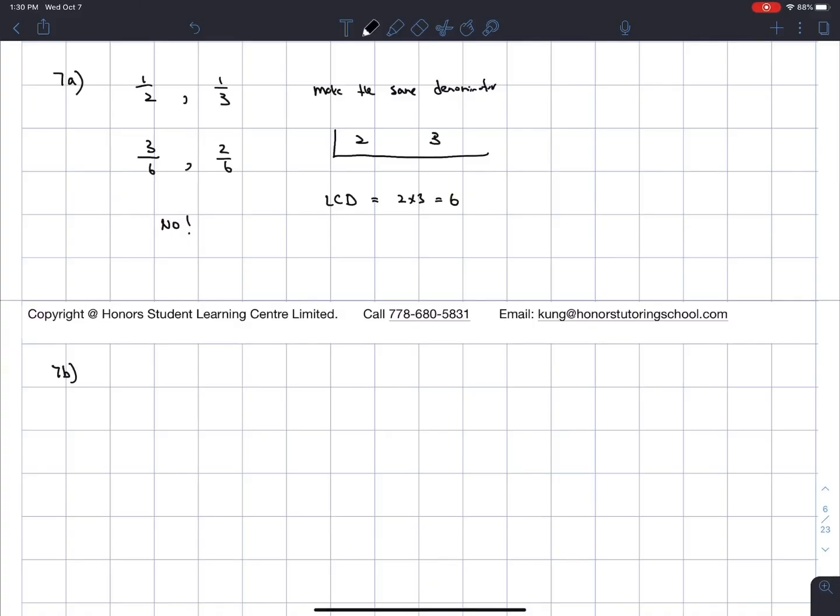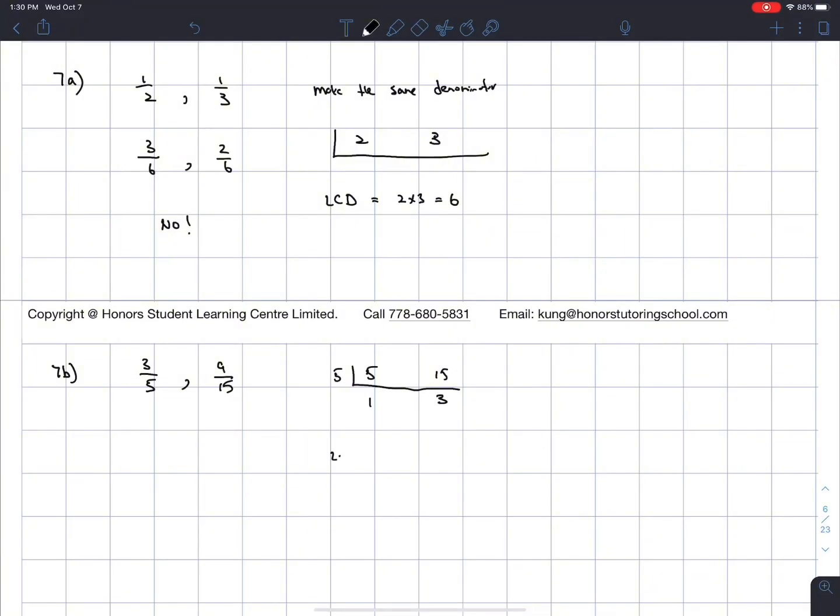7b. I have 3/5. I have 9/15. So again, if I want to make the same denominator, I will just try to divide both of them by the same prime numbers. In this case, I can divide both of them by 5.